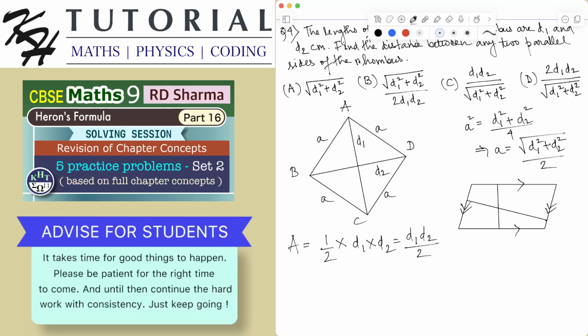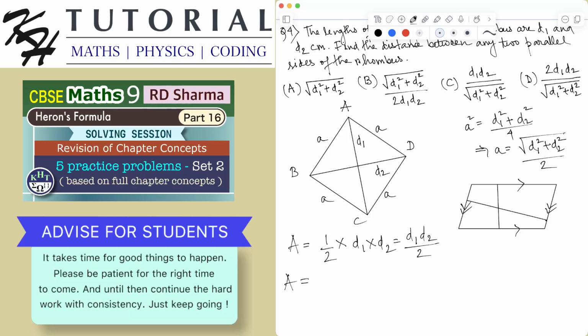So applying the formula of area of a parallelogram, the area is the product of the base, that is the length of one parallel side, and the distance between a pair of opposite parallel sides.